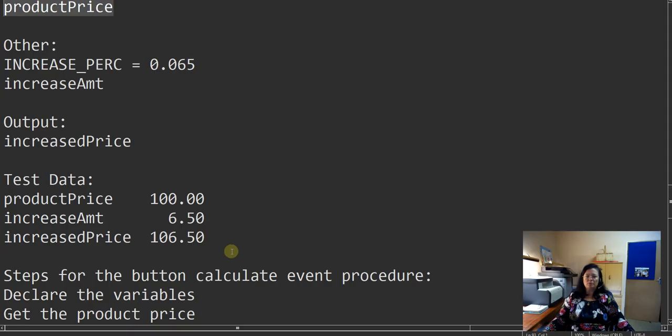And I've only got one set of test data here. We will in normal circumstances add 2 more, but 1 is good enough. So if the product price was 100, the increased amount would be 6.50, and the increased price 106.50. Remember, we don't use signs. No dollar, no rand, no any sign like that in programming.